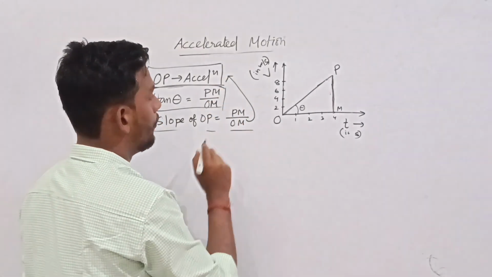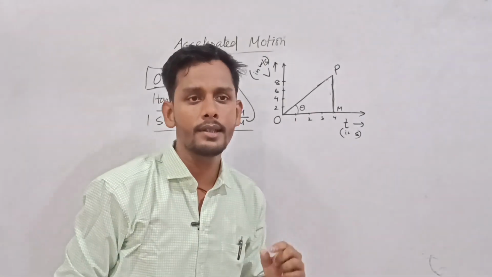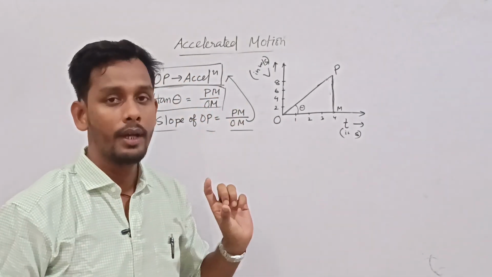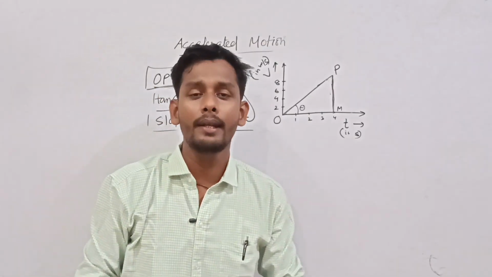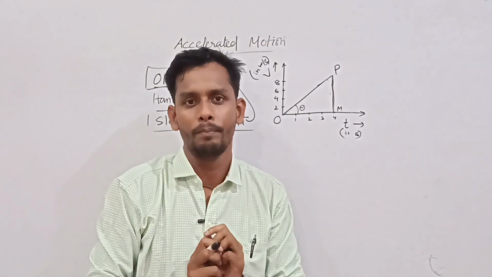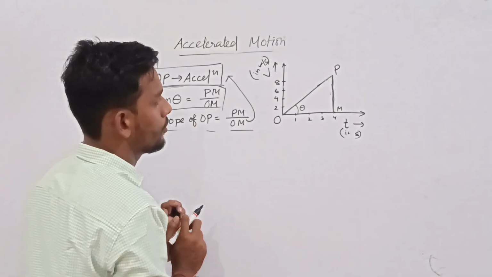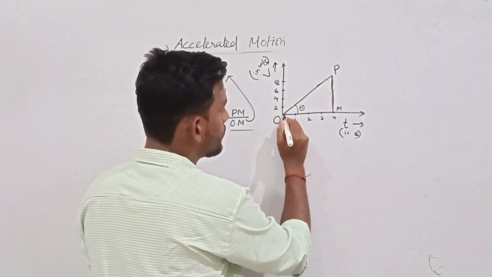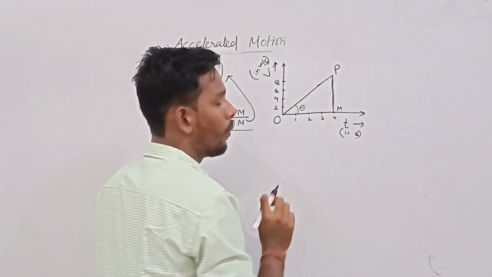Clear? Now from an accelerated motion graph, how can you find the distance? Suppose an object is moving from O to P. What is the distance?